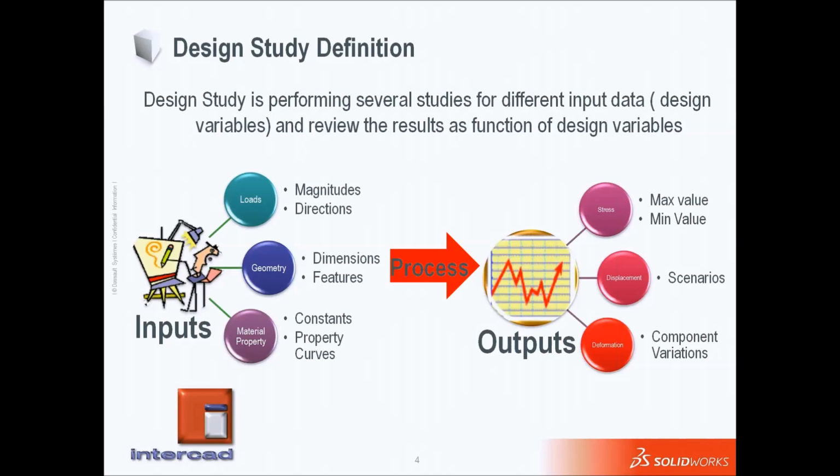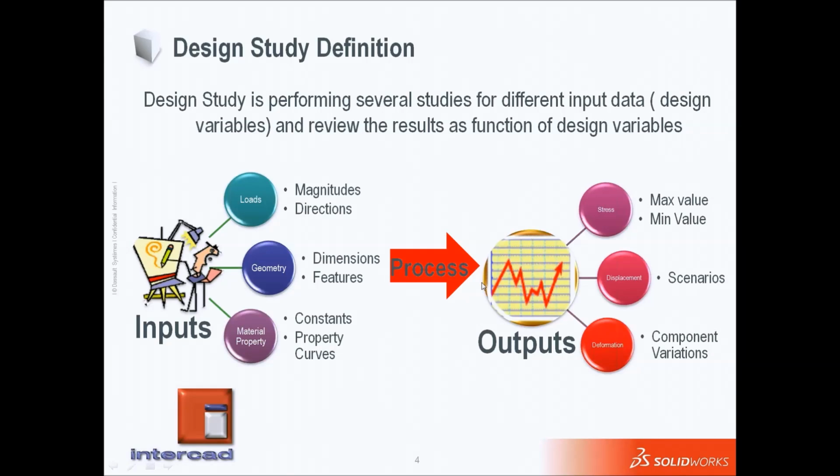They could be geometrical parameters, such as dimensions or suppressed features. Or they could be material properties, like constant material properties or their property curve. These inputs will be processed in a design exploration, and as an output we can review how the max and min stress in different scenarios or displacement or deformation could vary while these magnitudes and list of inputs are changed.